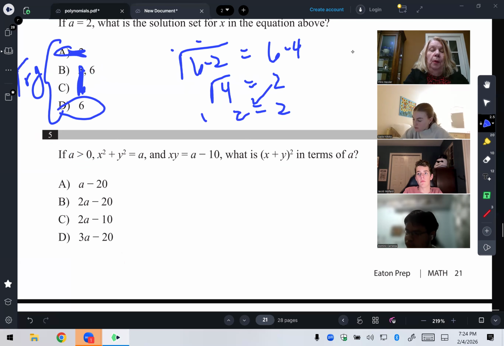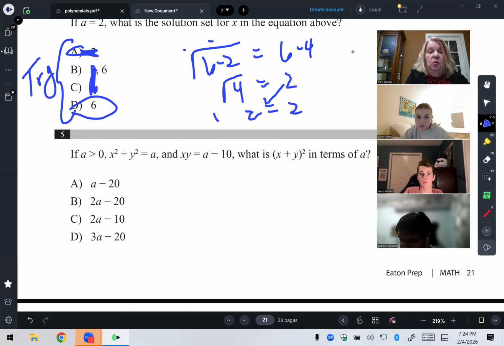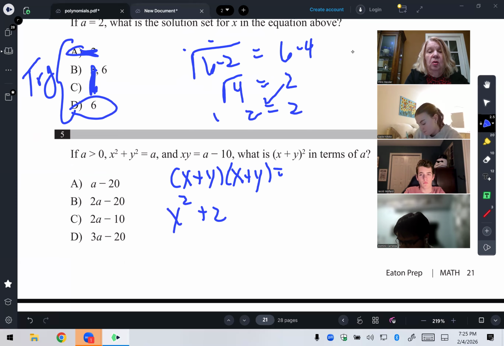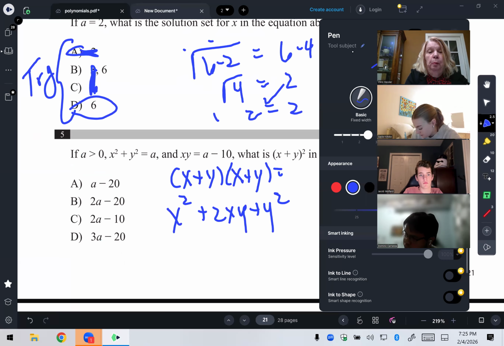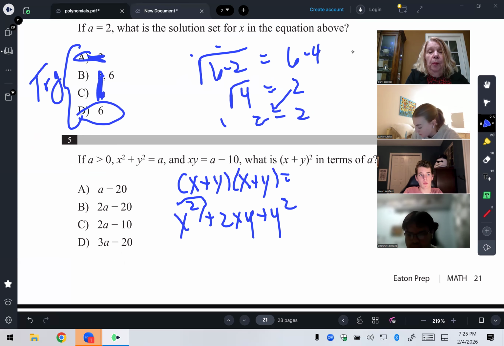Okay, let's try this one. So we have x plus y squared. If we FOIL that, that's just going to be x squared plus 2xy plus y squared. So they tell us that x squared plus y squared is a.